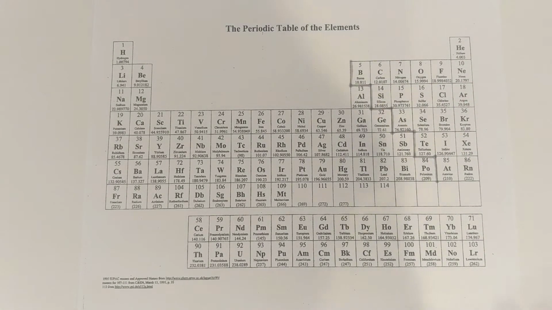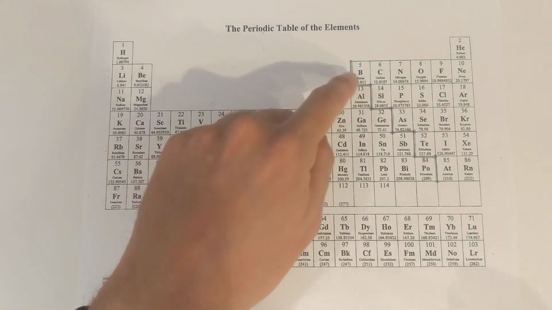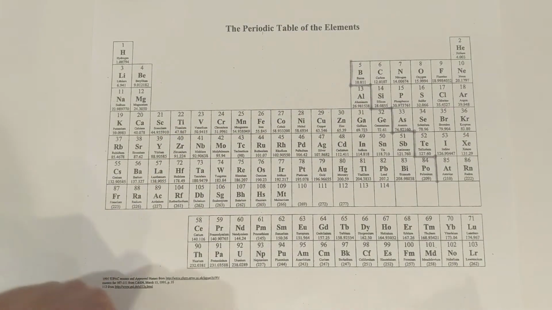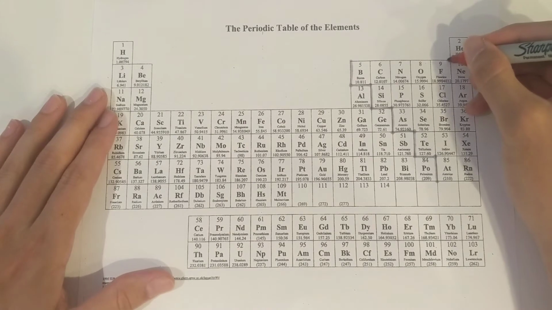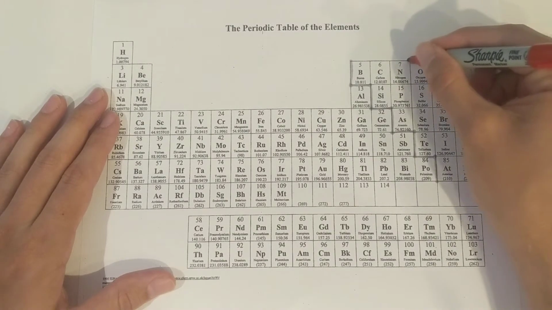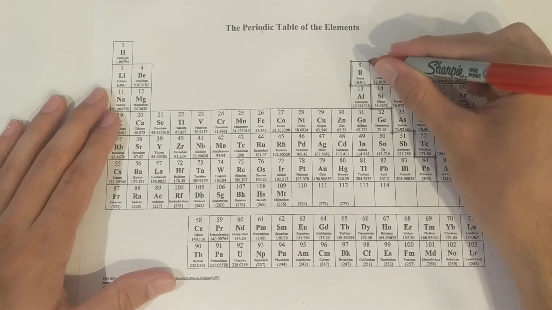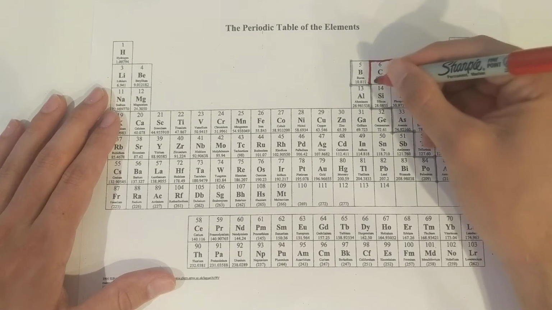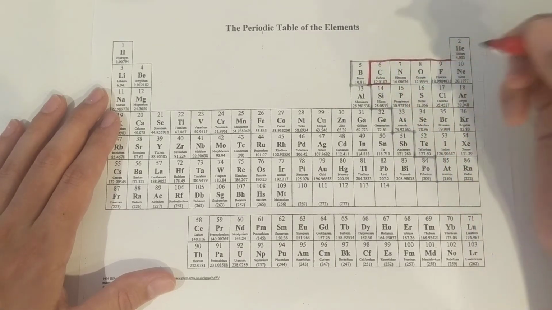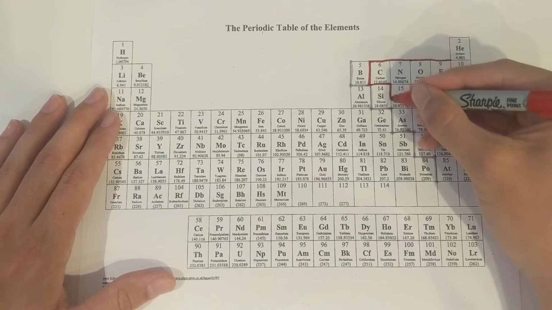So they sometimes act like metals and sometimes act like nonmetals. In this class, we're not going to pay too much attention to our metalloids. We just want to look at our nonmetals. So I'm going to draw around the nonmetals that we are going to commonly see in this class forming covalent bonds.